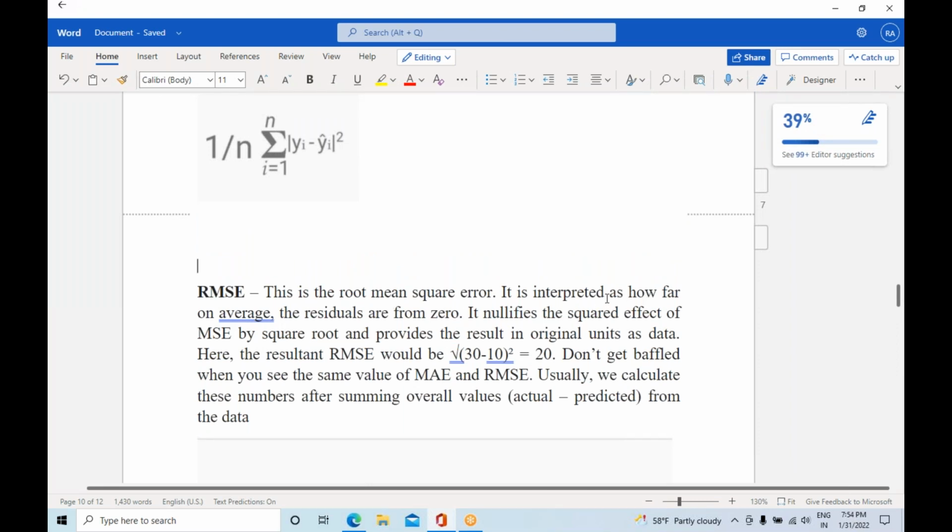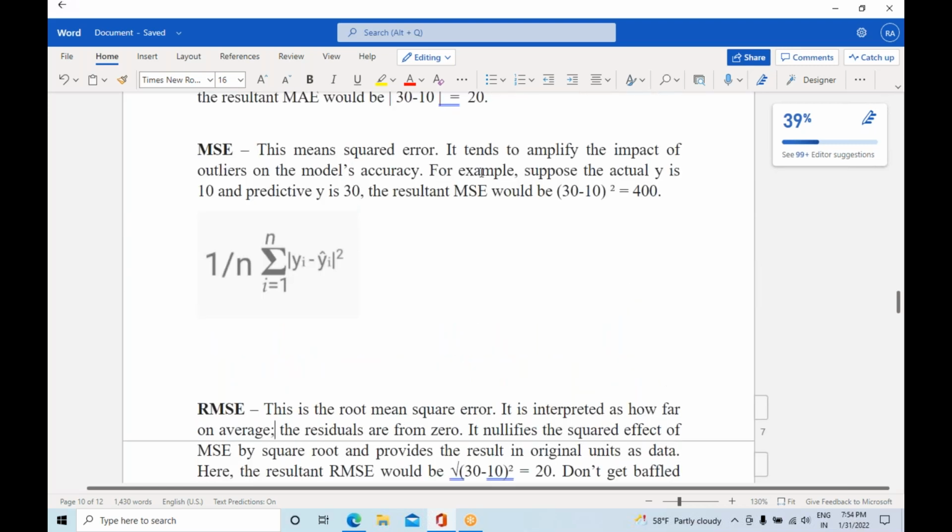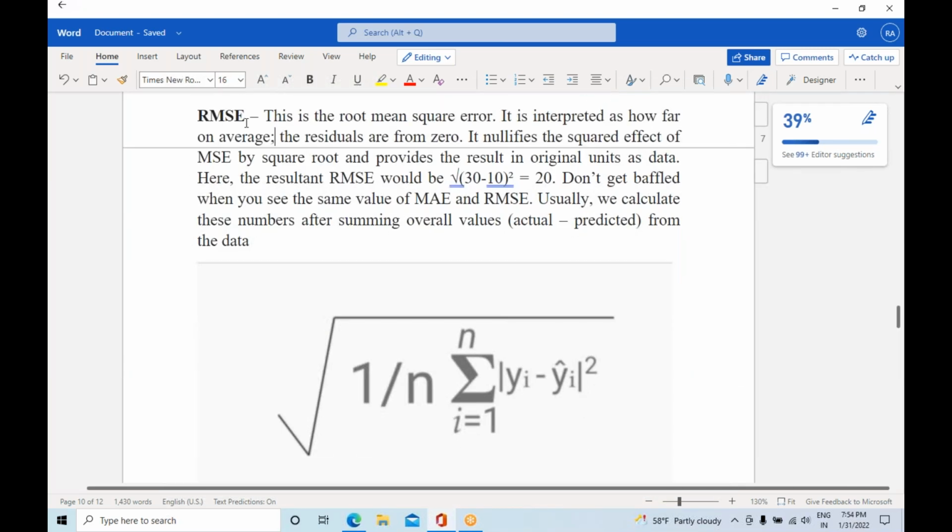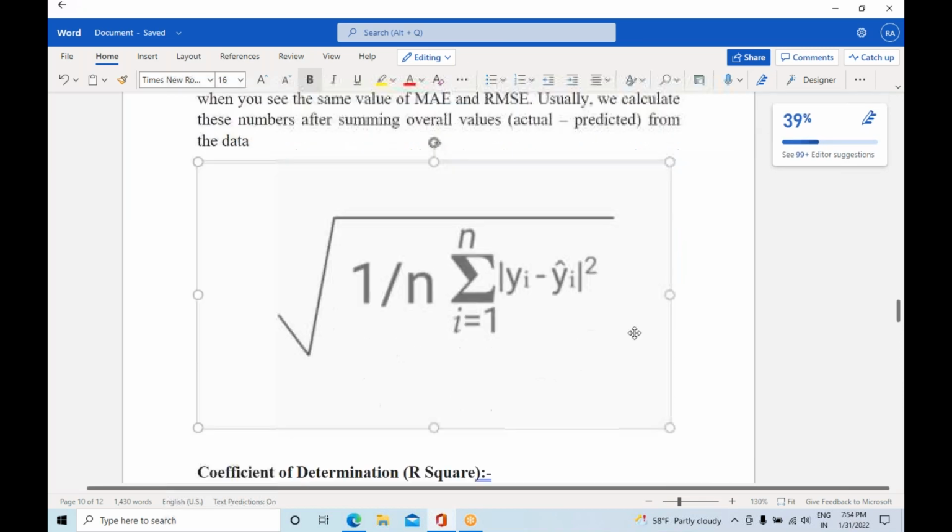It is interpreted as how far the average residuals are from 0. It nullifies the square effect of MSE, with the square root providing the original units. When we are applying the mean square error, you are getting very high values. But when we take the root, we are able to reduce those values. That is the meaning of the root mean square error.